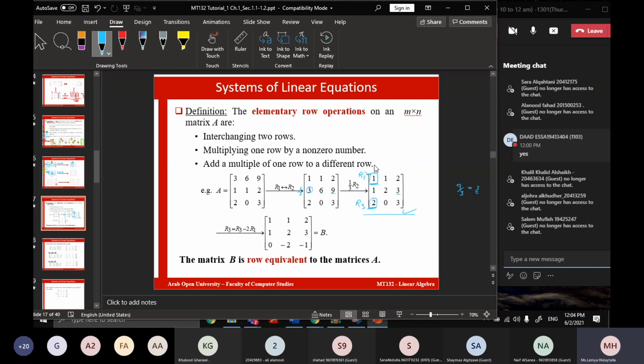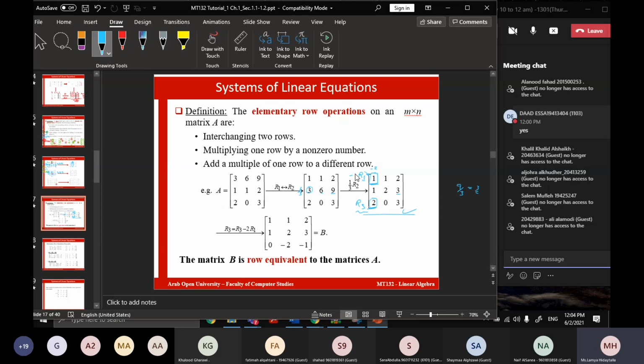How do I make the 0 if this number was -2, correct? Because when I add it now, it will give me 0. So it's clear what I should multiply by. Sorry, I want to change R3, correct? Using R1. So I will multiply R1 by -2. So I'll get -2 R1.